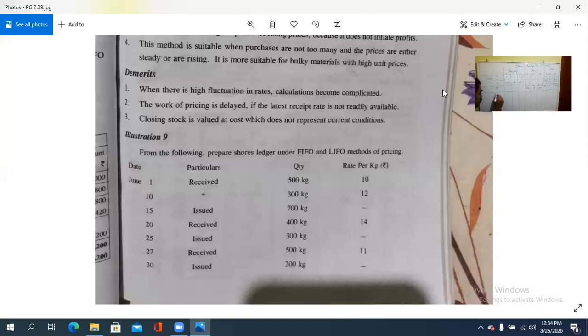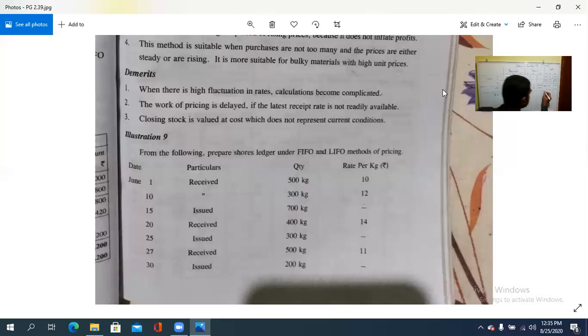Then on the 20th, what is that? Received 400 kilogram at rupees 14. So 400 into 14, I think 5,600.